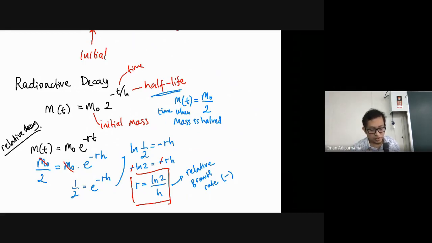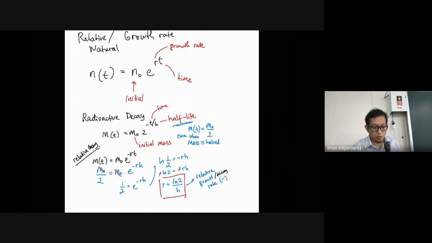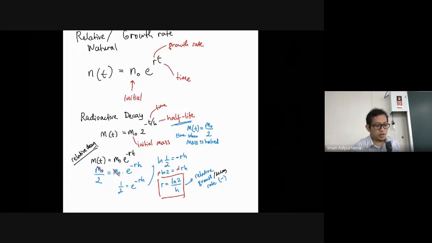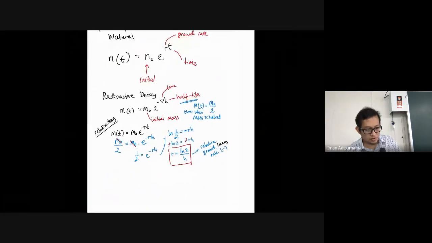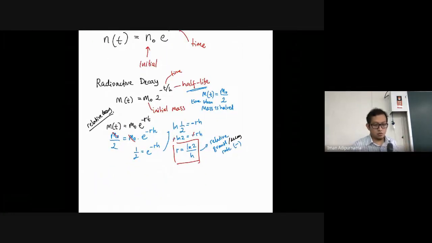In this case, decay rate. This is just to make sure that when we are talking about r, the same r as the growth rate, it's actually the growth rate, but it's backwards. You can say also decay.